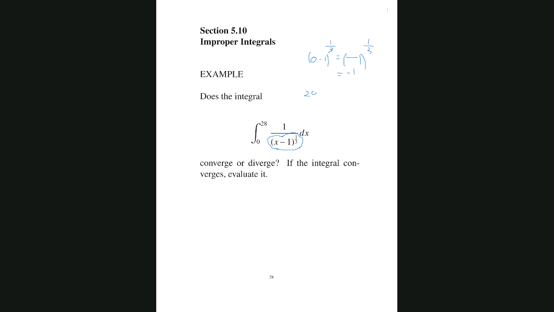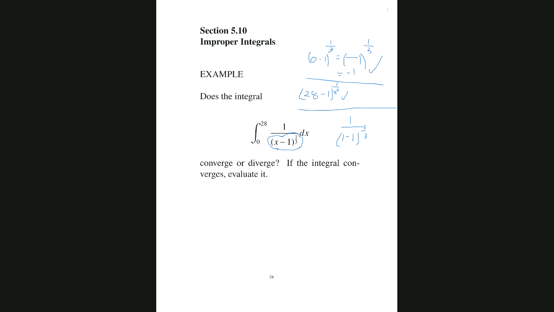And the other endpoint, 28, is also okay, because 28 minus 1 to the third power is defined. So the problem is not one of the endpoints. The problem, as Justice mentioned, is x equals 1. When x equals 1, you're going to have 1 minus 1 to the third, and that's where the discontinuity occurs.